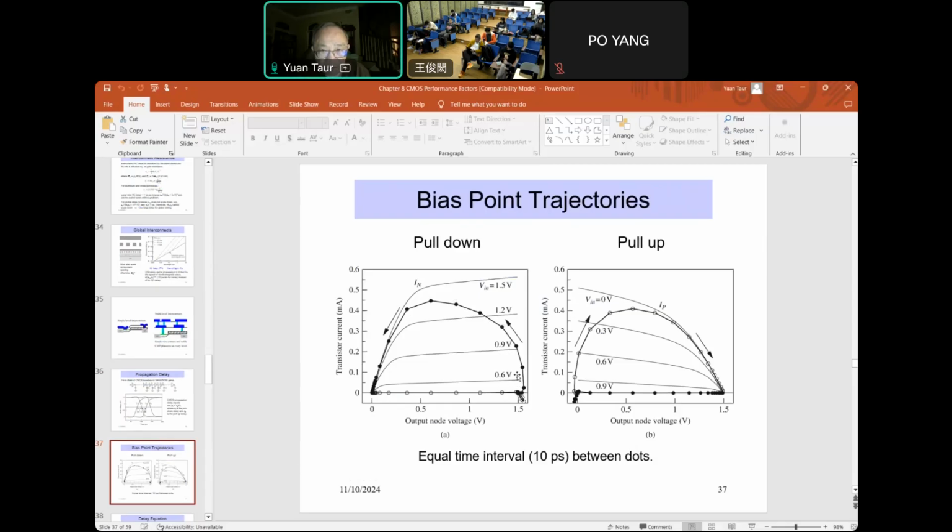So in this case, the current here is mainly determined by the mobility, not the saturation velocity, which is more important for the saturation current. So this means that the mobility is still very important for the time where the device spends in the low input voltage state.